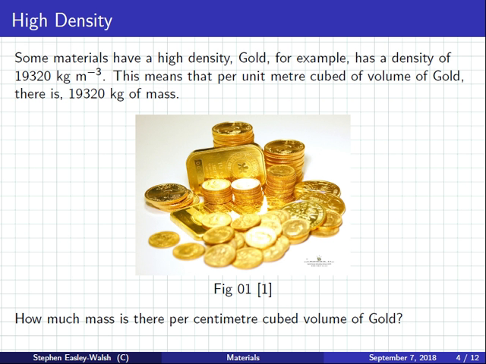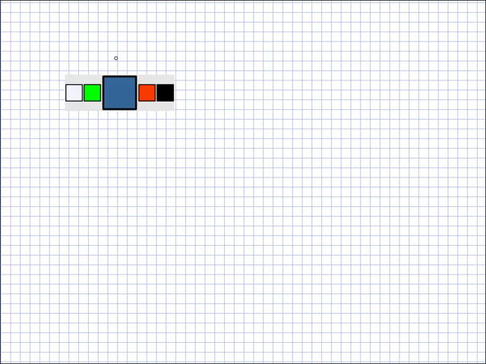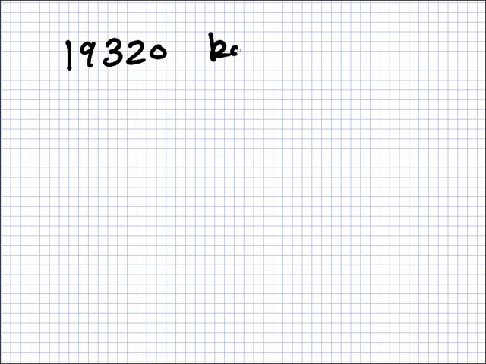Do you remember how to do this? What's the meaning of the question? Okay, I'll do it. The 10 to the power of 6 is the cm. Hang on, I'll do it. Look, it's the cm. 19.32, did you get this?